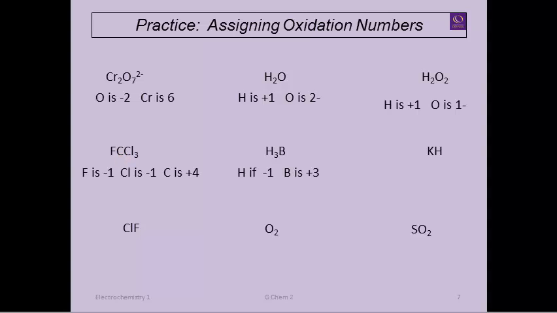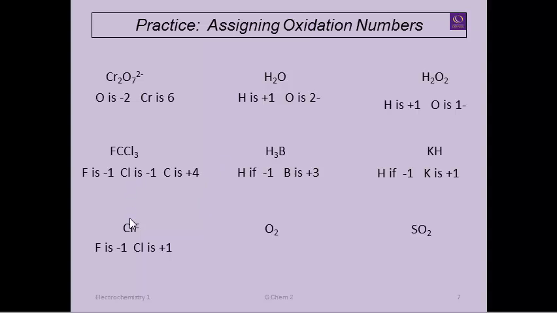This is an example where you go to your rules and see that although hydrogen is a priority, when you connect it to boron, it actually gets a -1 charge as opposed to a +1 charge. And here's another example of where hydrogen gets priority, but when it's attached to a metal, it actually gets a -1 charge again. So this is potassium hydride. In this case, hydrogen is -1.